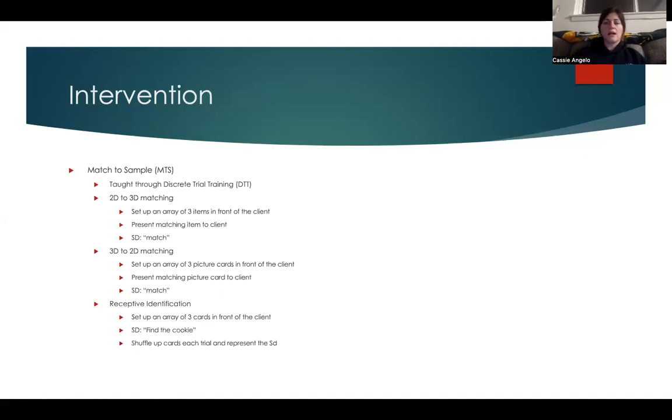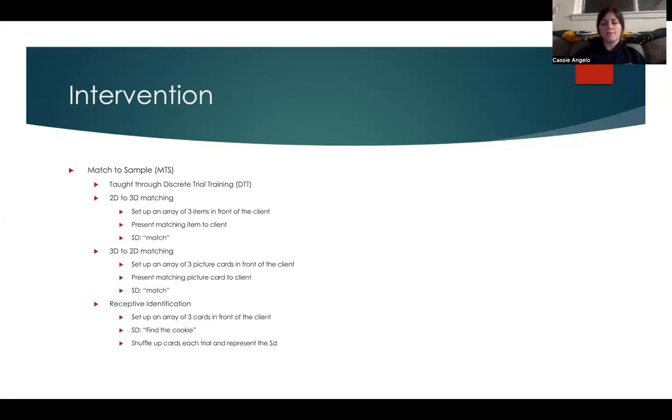Once the client mastered all of the 2D to 3D matching targets, we moved on to 3D to 2D matching. Again, we set up an array of 3 picture cards in front of the client. We presented the matching picture card to the client and provided the SD match.